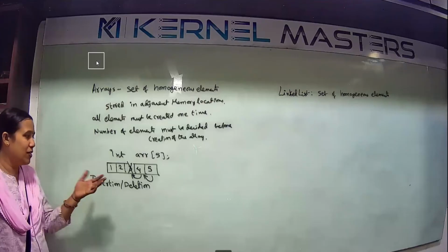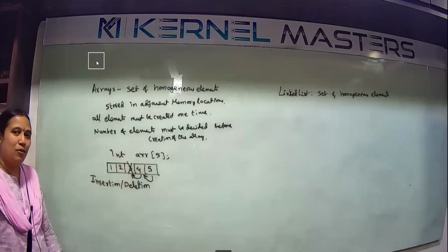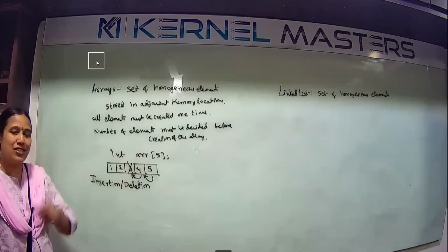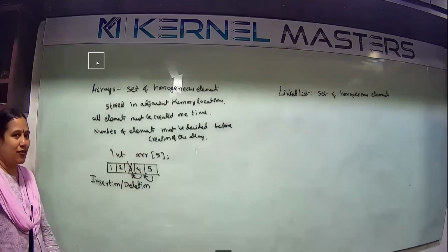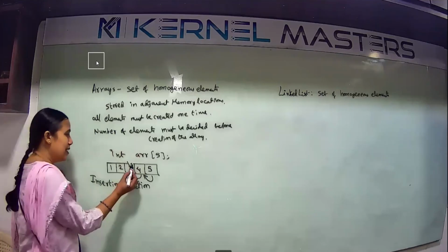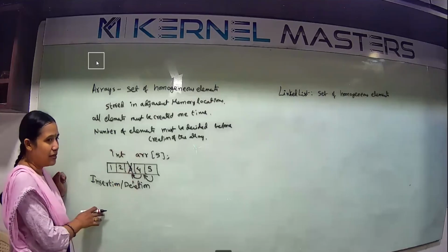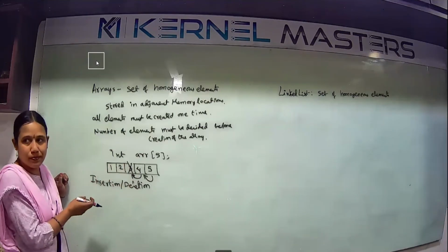But if you have to delete multiple things, then you have to remember how many elements you have deleted. All those indexes you have to remember in another array. Extra coding is required. So if you have to delete any particular element from the array, you can't actually delete it. You have to get the effect through programming only.